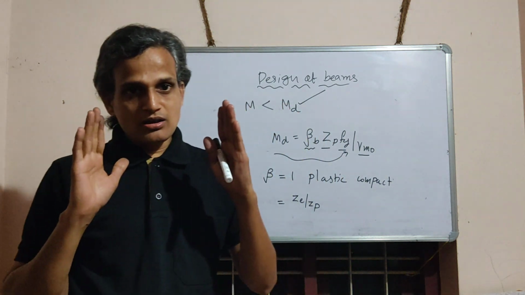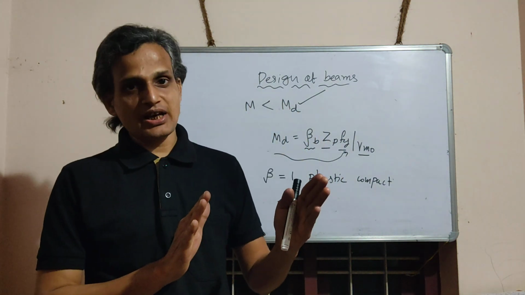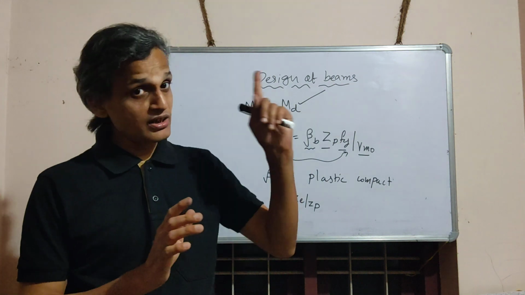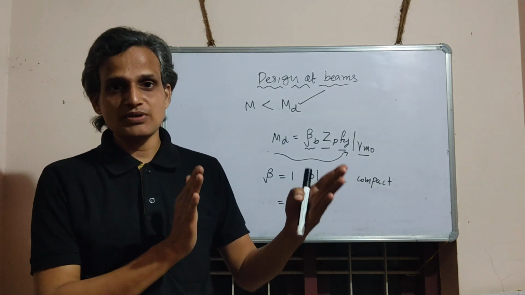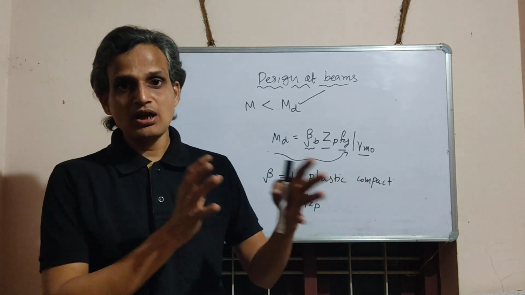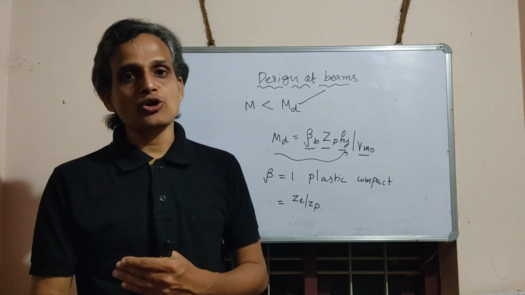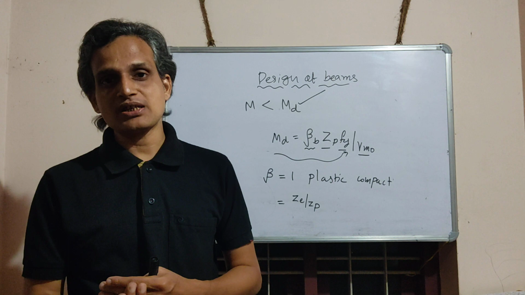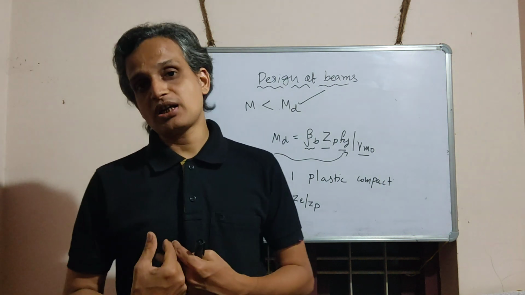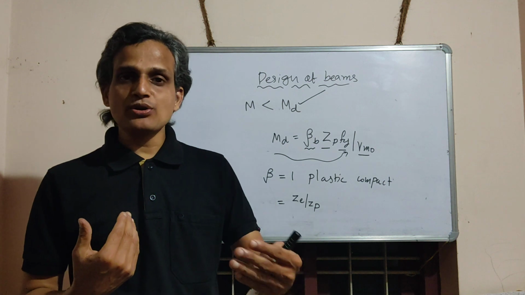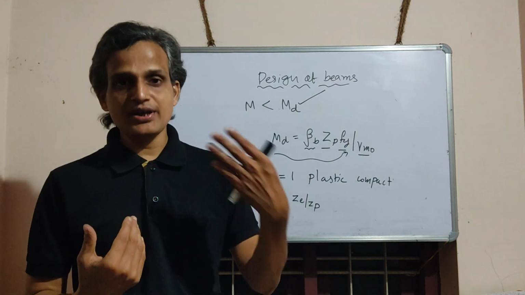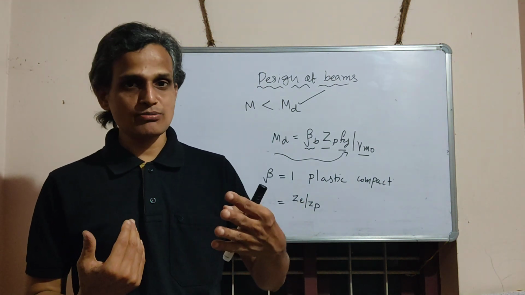The former design considerations, that is IS 800 1984, was based upon the elastic analysis method, which is termed the working stress method. Now we are following the second option, that is limit state design, which is based upon plastic analysis. The plastic moment capacity of a section is very high compared to the elastic moment.